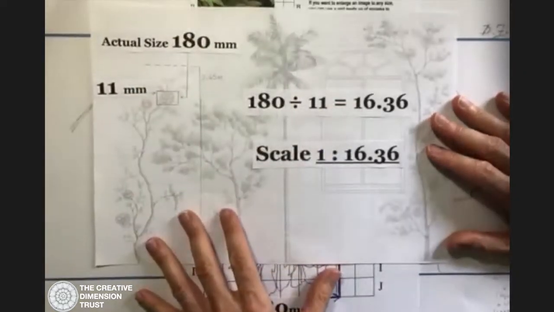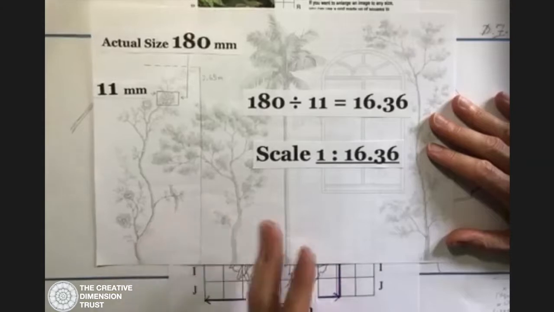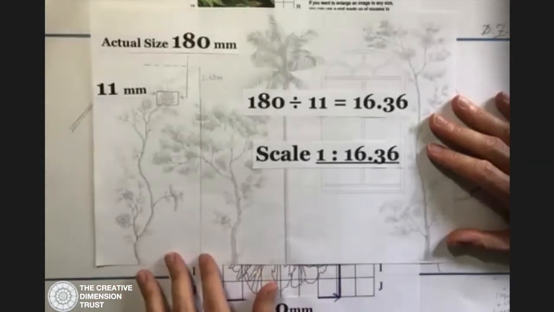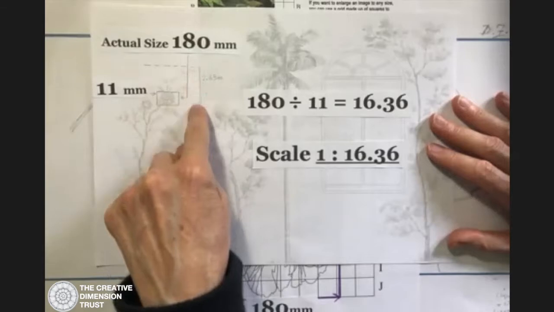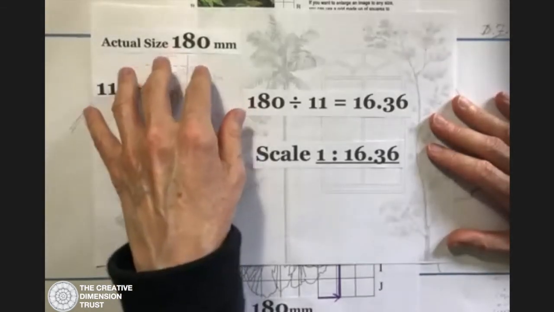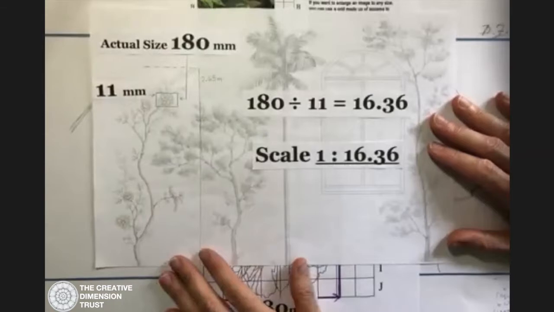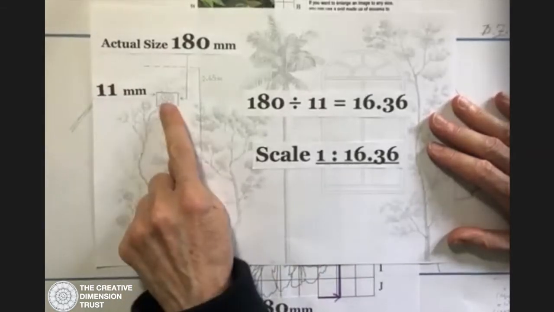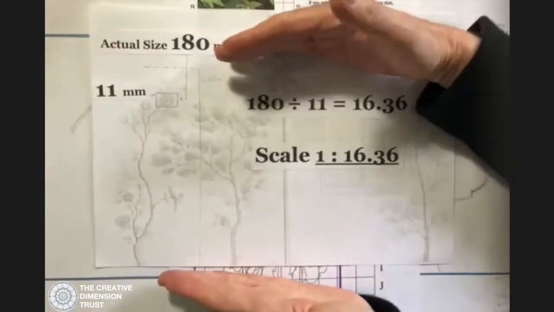If you're designing your work to fix to the wall in an actual room, you might want to measure the height of the wall and just decide where you want your, in my case, my tree to come up to. So I'm going to work just with this little detail of one of the flowers because it's a little bit easier for me to show you that in this confined space that we have.